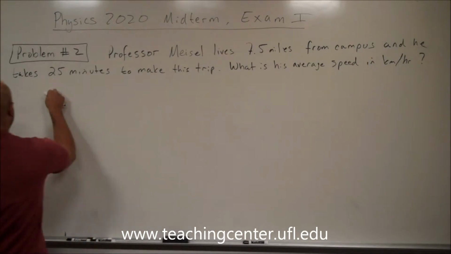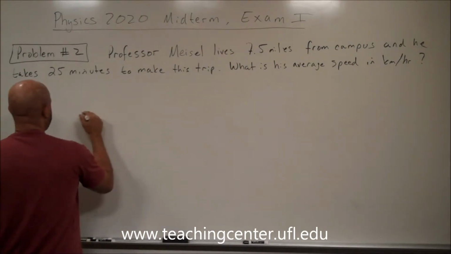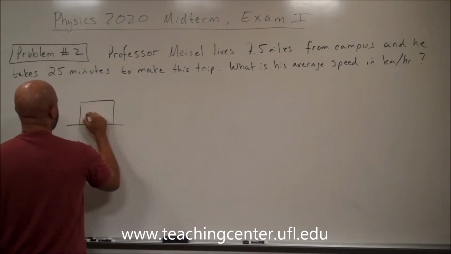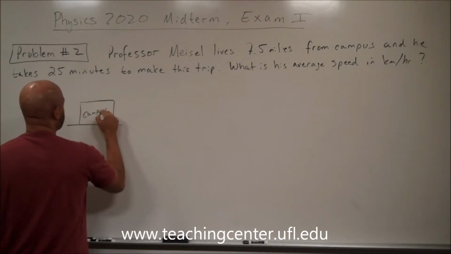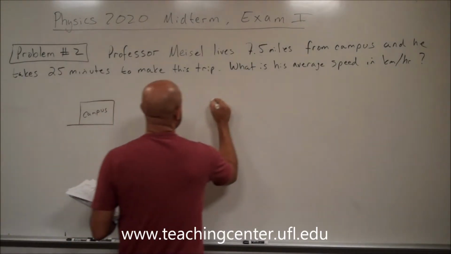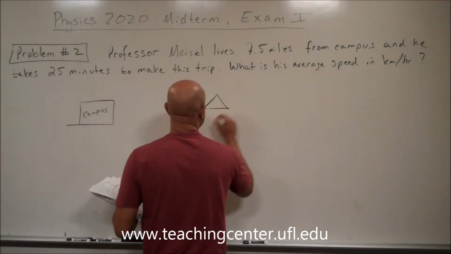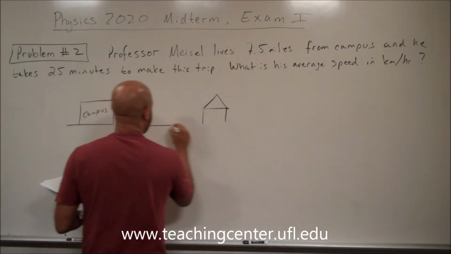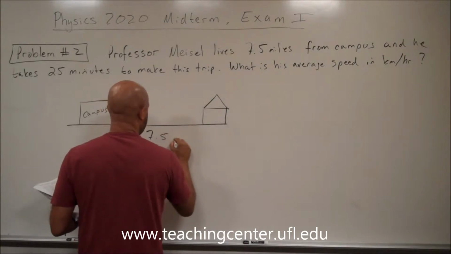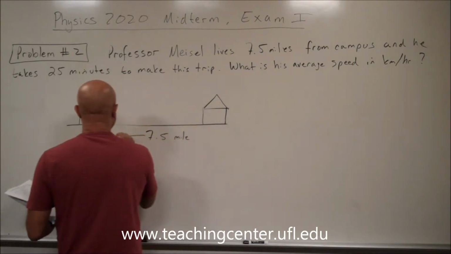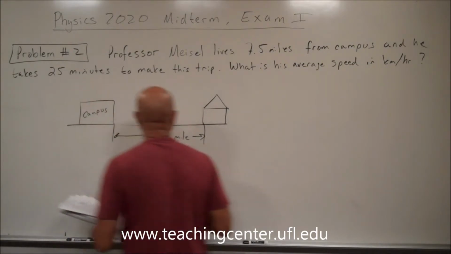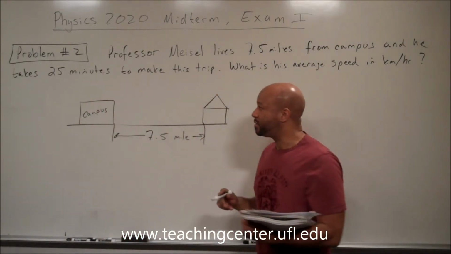So let's say this is campus here, and let's say we're just drawing a small diagram. We can say that the distance between campus and where he lives is 7.5 miles. Okay?